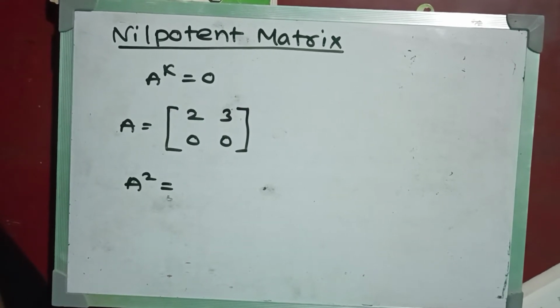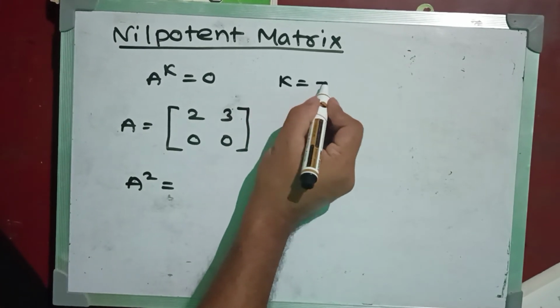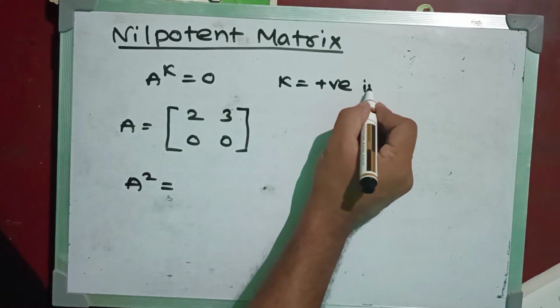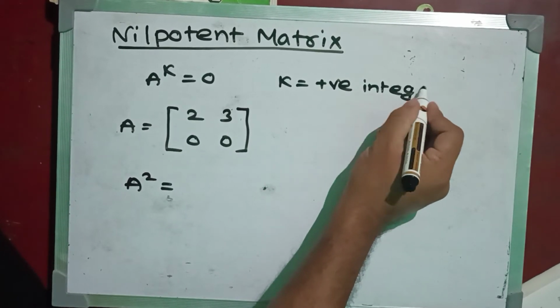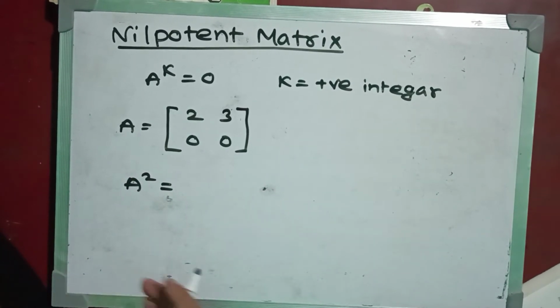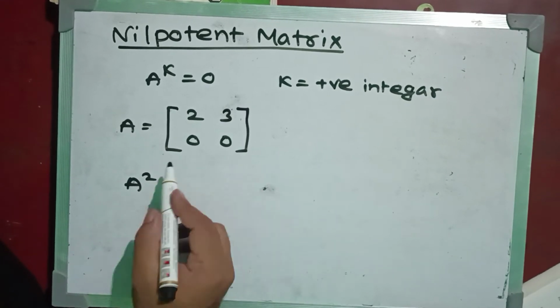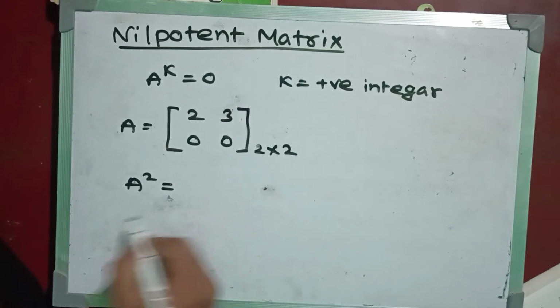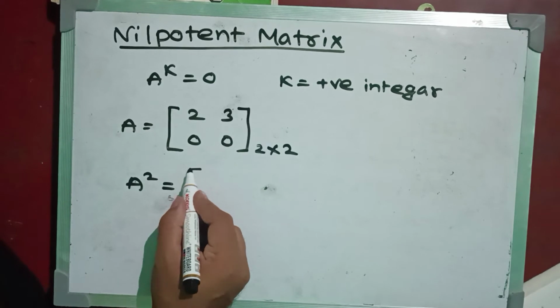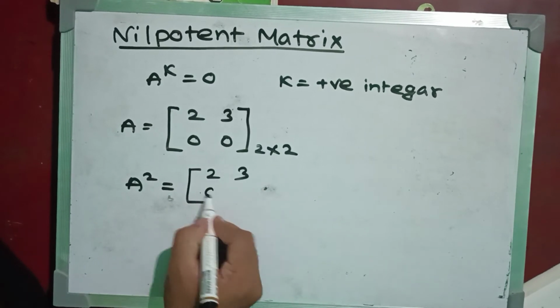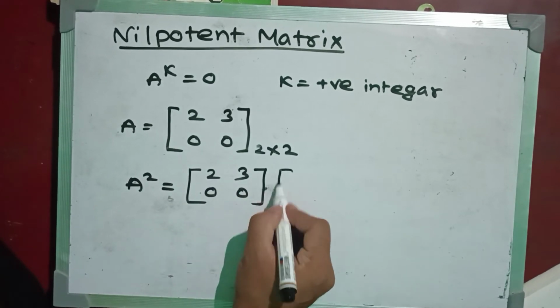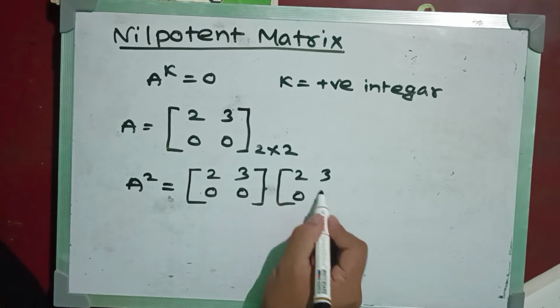If A to the power k is equal to 0, where k is a positive integer. I have taken a matrix A which is [2 3; 0 0], a 2 cross 2 matrix. Now I am seeing A square, that means [2 3; 0 0] times [2 3; 0 0].